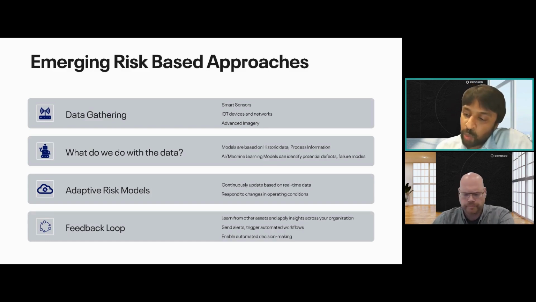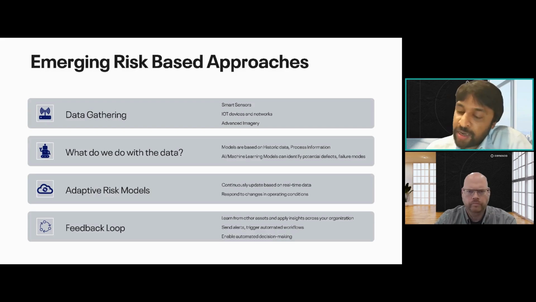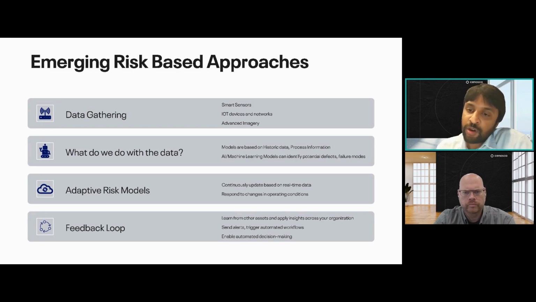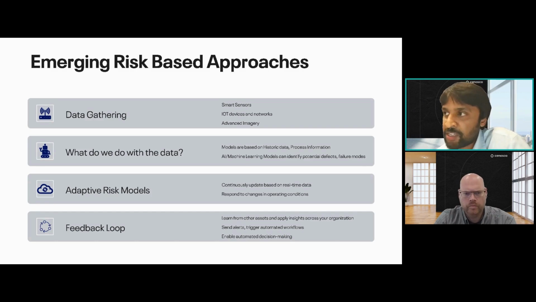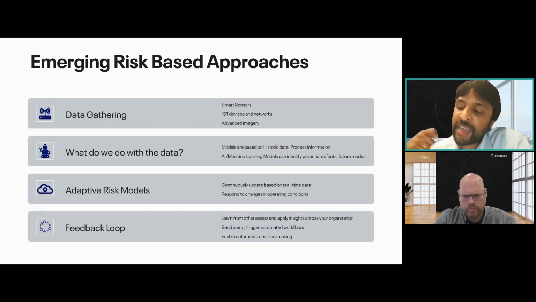So once we run such adaptive risk methods, risk models, follow-ups will be much quicker. So enabling automated decision making or semi-automated decision making in some cases, because there's usually a human involved in terms of making the decision.